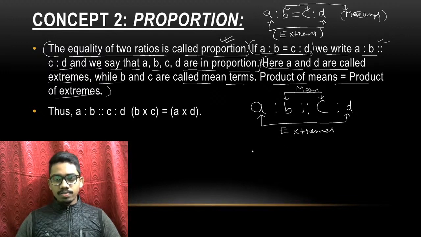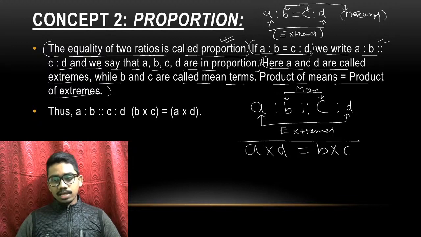So if you multiply the extremes and multiply the means, the product of extremes and product of means will be the same. Like A cross D will be equal to B cross C. Whenever you multiply this product, this will be equal.